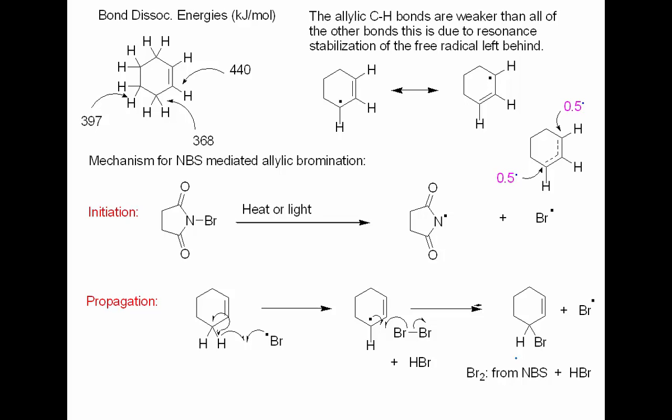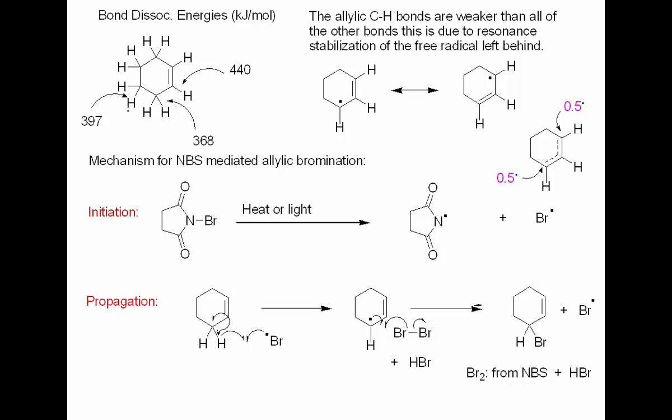Let's look at the mechanism for this reaction. First, let's consider the structural issues. If you look at the three different bond types you have in cyclohexene, there's the vinylic CH bond here, which has a bond dissociation energy of 440. The allylic is 368, and the plain old secondary out here is 397.